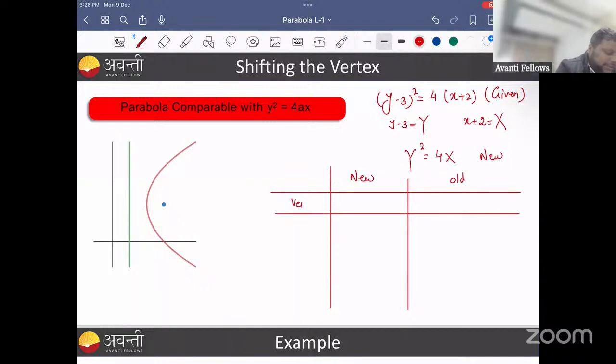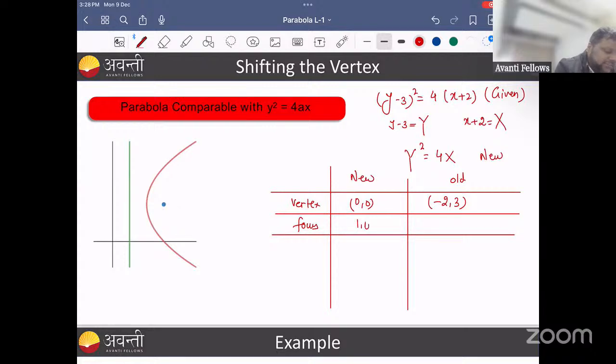See, what is the vertex? Vertex for the new parabola is certainly 0, 0. Now, if capital Y is 0, then small y is 3. If capital X is 0, then small x is minus 2. So minus 2 comma 3. Am I clear? Now, if I talk about focus, focus for the new parabola is a comma 0. a is 1 here.